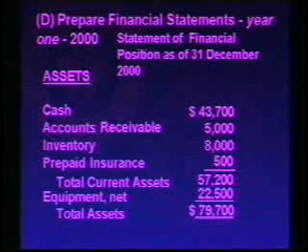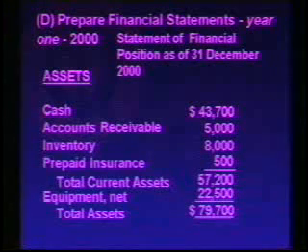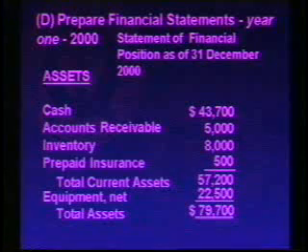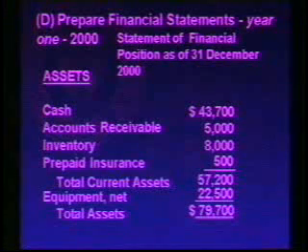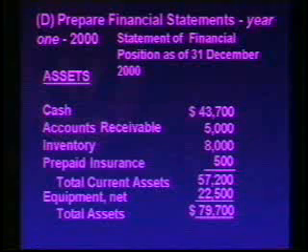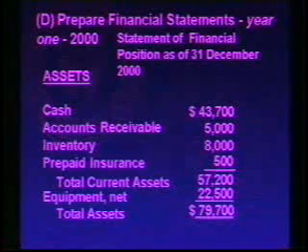Total assets equal what? $79,700. Total liabilities and equity, total what? Notice the balance sheet balances. Accountants get a warm, fuzzy feeling when that happens, okay? That makes us feel really good about what we've done. The balance sheet balances. That's a very good thing.